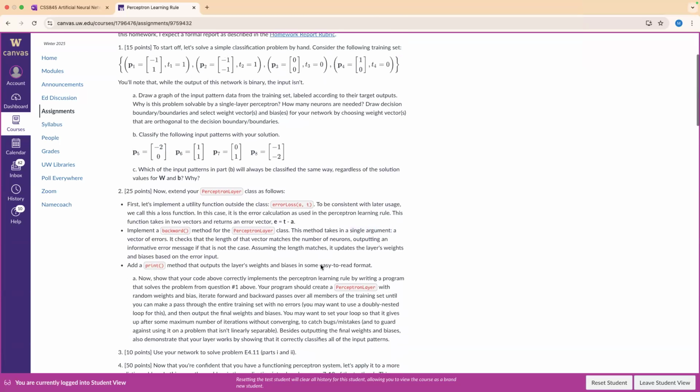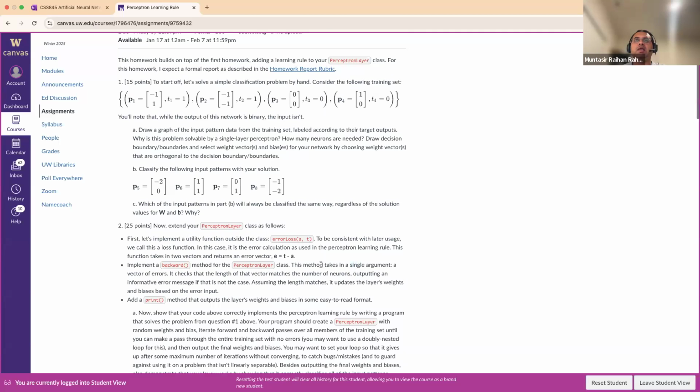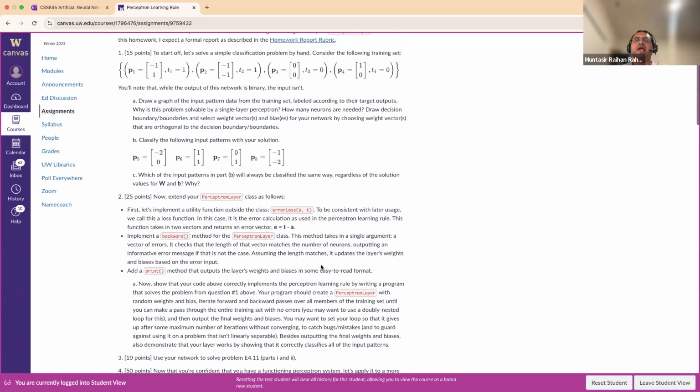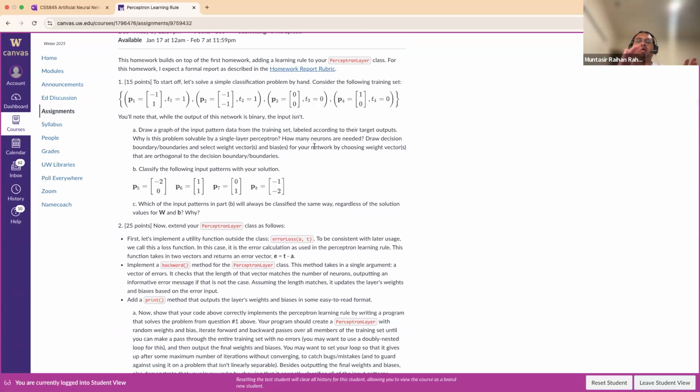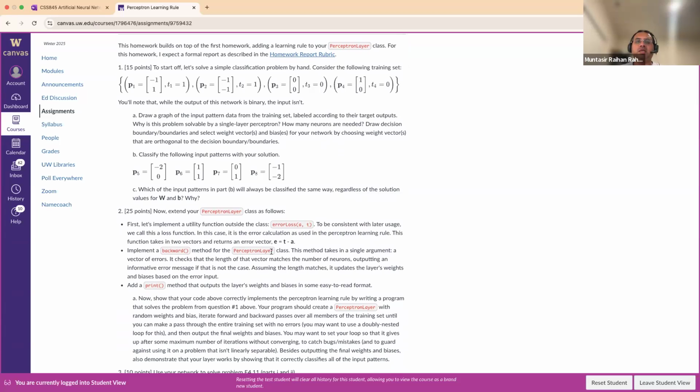Does that answer your question? What I'm trying to do is take the perceptron learning in terms of, for example, W equals W plus X or W equals W minus X, and that's the way to implement it. But I also want to make sure that we can generalize from here to backpropagation learning, which is the next one, which is why I'm doing this. But if it makes it easier to have a backward where you have an additional input parameter X, then that is fine, because backward is where you're going to update the weights.